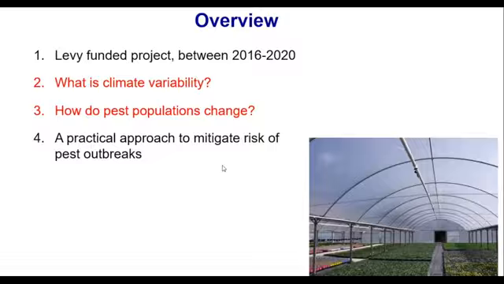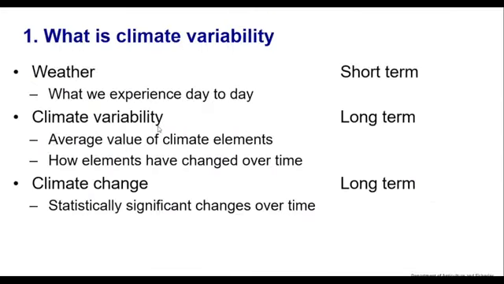All right, so on to the next area. We're going to cover these two sections together in this next bit. So first of all, there are some jargon words out there, and we're just going to clarify. So the weather, that's what we experience every day. It's pretty straightforward. It's short term. Whereas climate variability, we all know the climate this year is different from last year, this season different from last season.